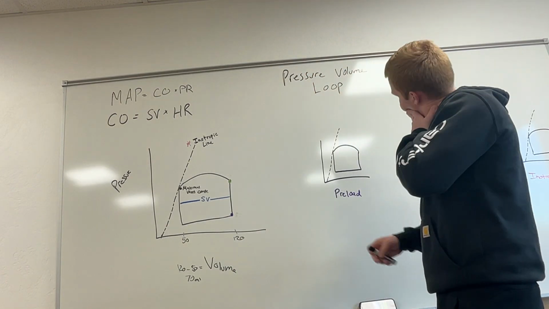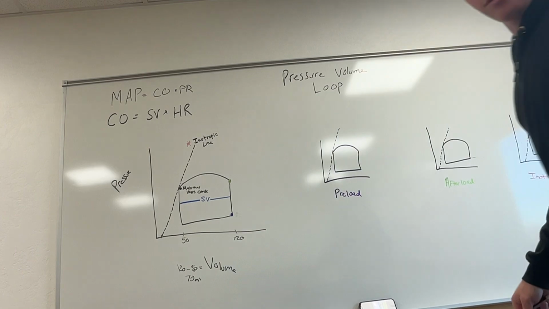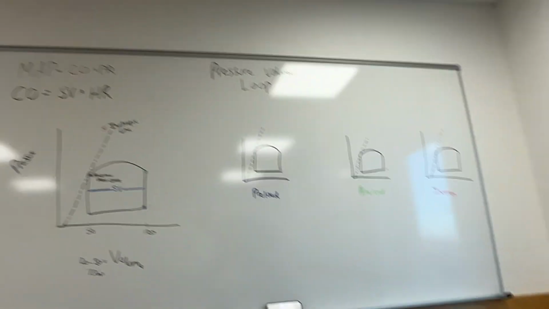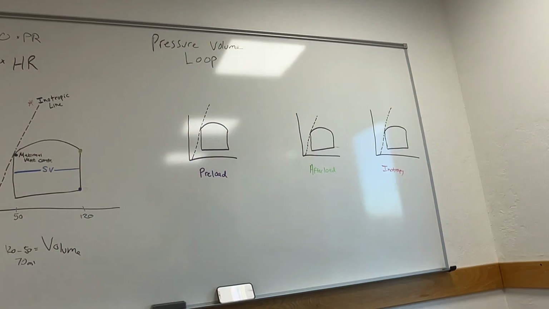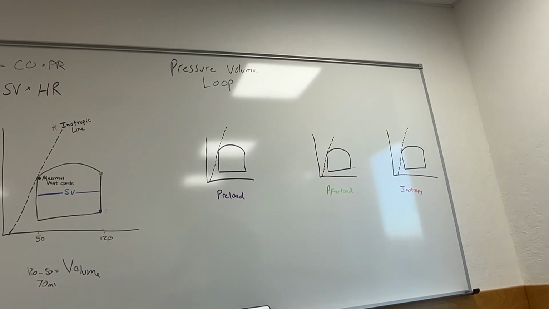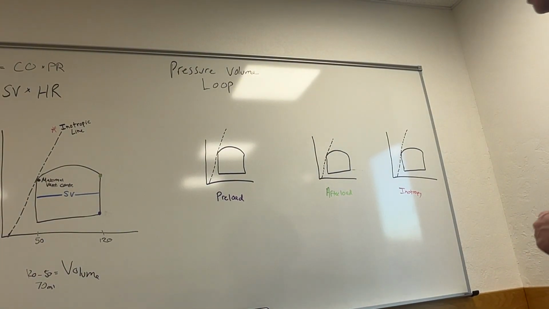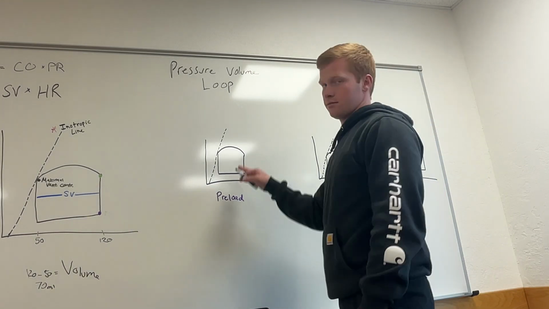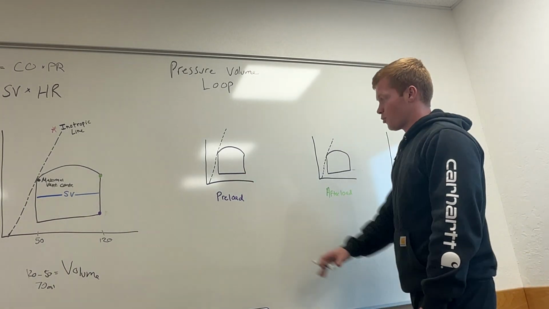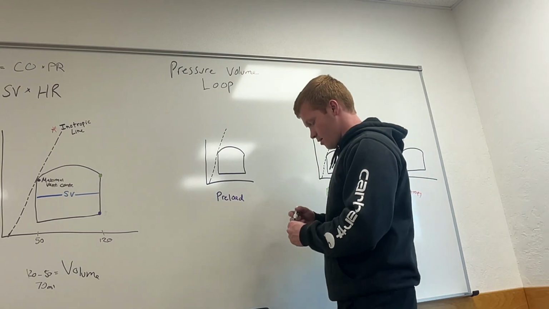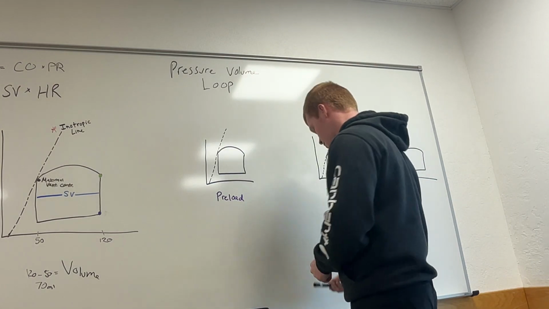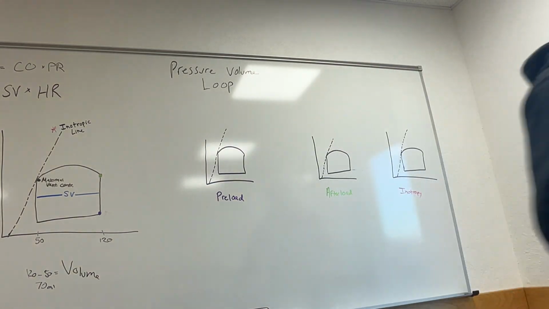So yeah, let's talk about these other little graphs we have here, because these are important because preload, afterload, and inotropy all affect this graph. Preload, venous return to the heart. So like we kind of mentioned, let me grab a couple more markers.